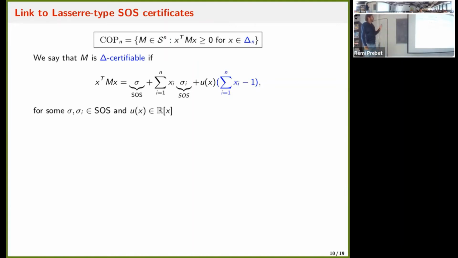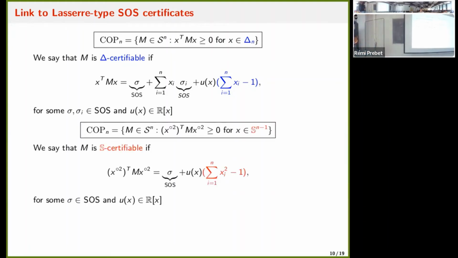So why is this a certificate that M is copositive? Because if we can write the polynomial like this, and then we take a point in the simplex, then this part is going to be 0 because it's in the simplex. This one is going to be non-negative because x_i is non-negative and sigma_i is a sum of squares, so it's non-negative everywhere. So it means that this polynomial is non-negative on the simplex, which is the definition of being copositive.